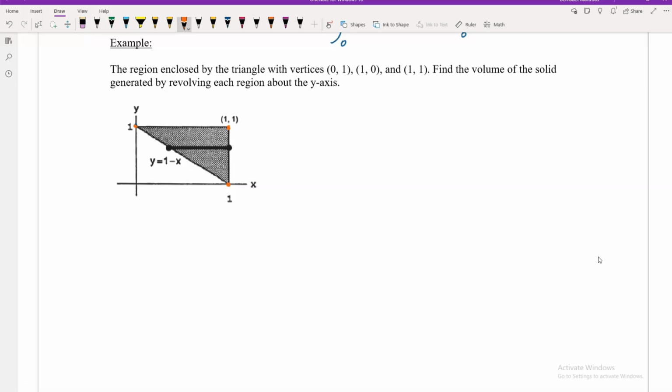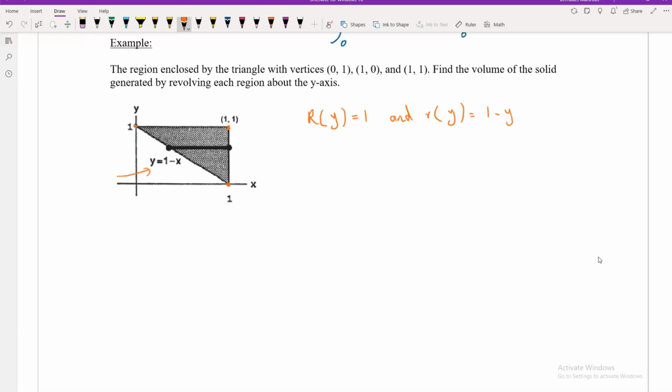So here this line is y equals 1 minus x. And what we have here, the outer radius, is equal to 1. And the inner radius is equal to 1 minus y, because we have to solve for x.